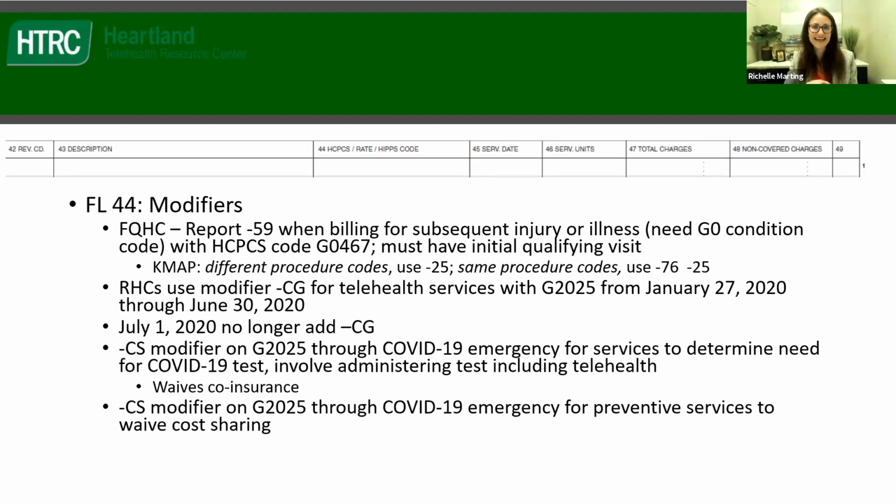What that modifier CS does is waive all coinsurance and cost sharing for the patient during the public health emergency.